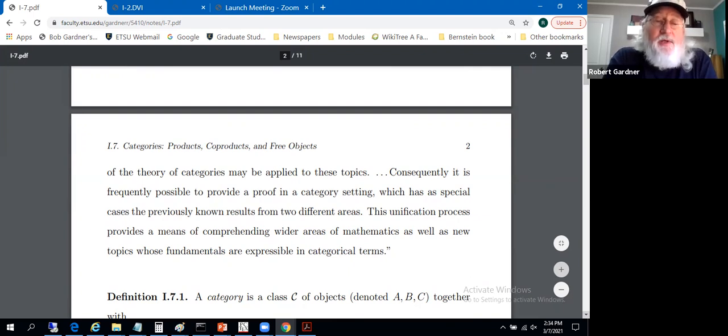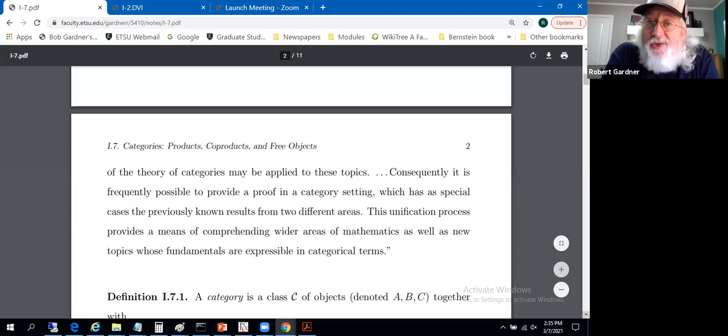Consequently, it is frequently possible to provide a proof in a category setting which has as special cases the previously known results from two different areas. This unification process provides a means of comprehending wider areas of mathematics, as well as new topics whose fundamentals are expressible in categorical terms.